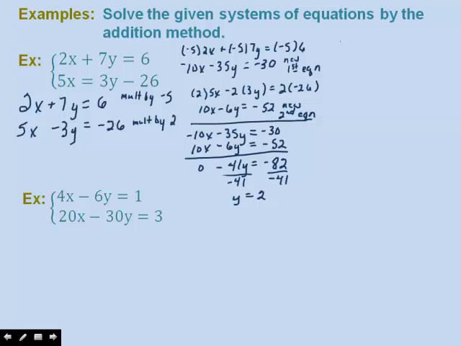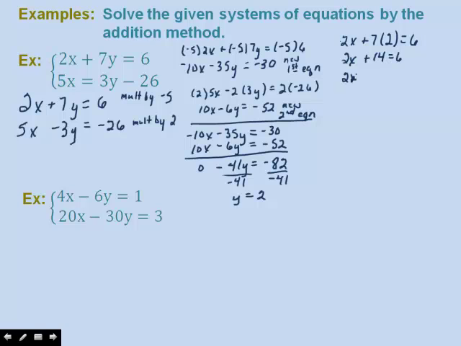Now let's go back to our original first equation and use that value of y to solve for the x. So we're substituting 2 for y in our original first equation. Now we have 2x plus 14 is equal to 6.